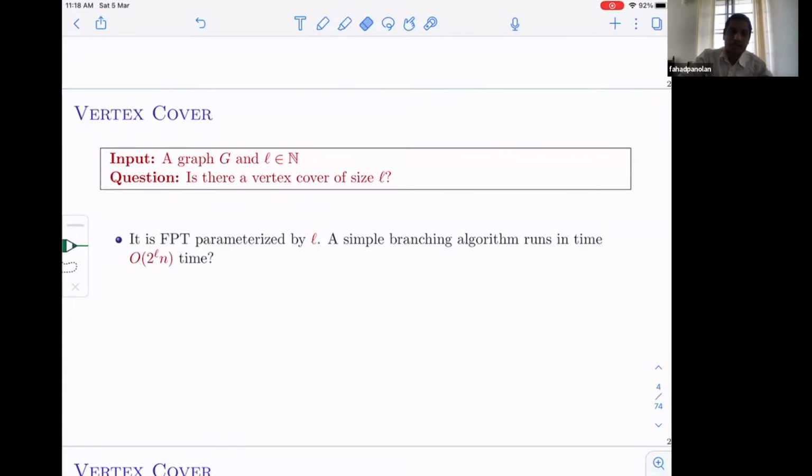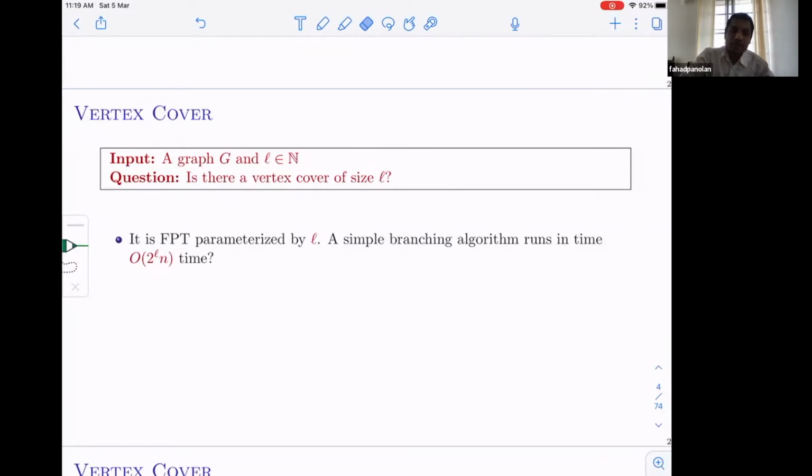Now suppose you have a graph whose vertex cover size is large. If you want to find a vertex cover, the running time of this algorithm will be 2 to the power of your vertex cover number, times n. When the vertex cover number is large, this algorithm will be slow.